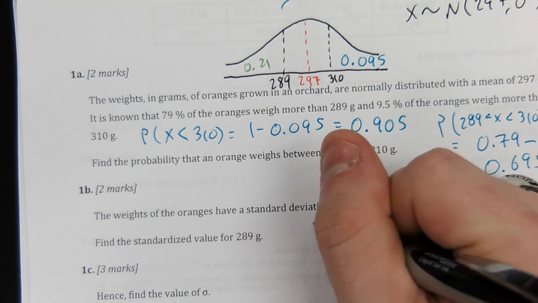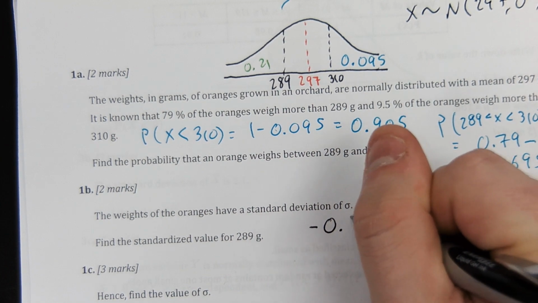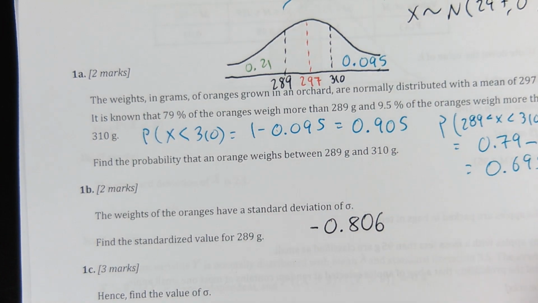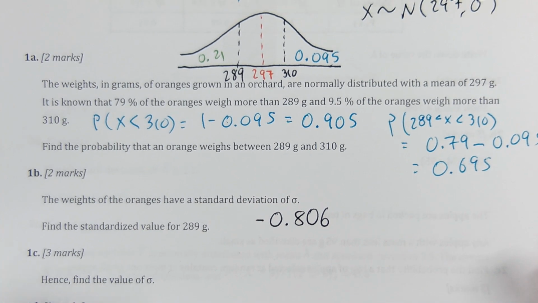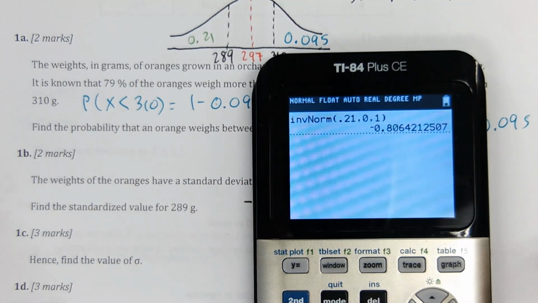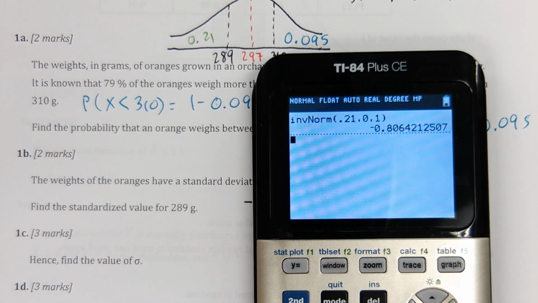So could you explain again how you found the number of standard deviations? Normal CDF takes an X value and turns it into an area. So inverse normal takes an area and turns it back into, quote unquote, an X value.